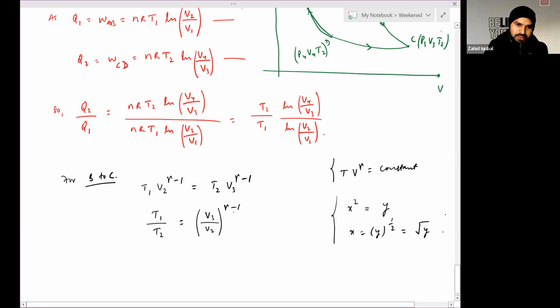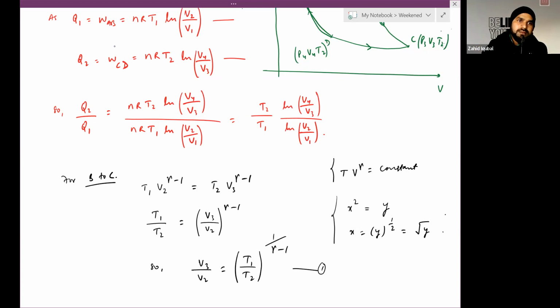So you will get V3 divided by V2 equals T1 divided by T2 whole to the power 1 divided by gamma minus 1. Let's say this is equation first.